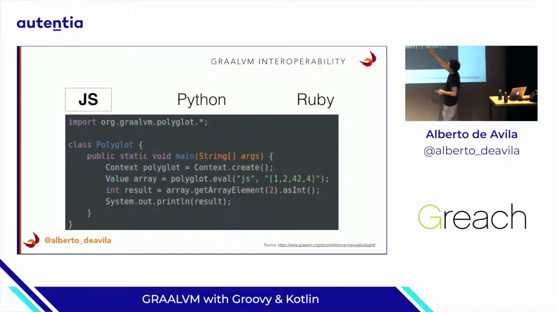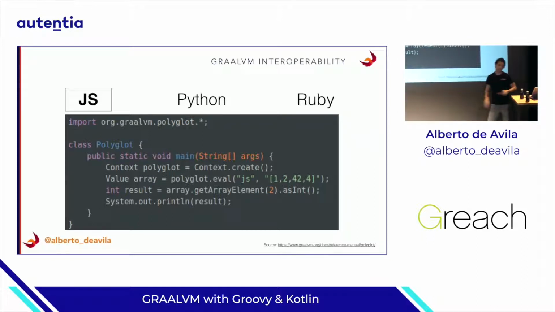So we are creating a list with 4 values, and with the Polyglot API, we can get in Java the value of a variable in JavaScript. We only have to call the Polyglot API and call the eval method.